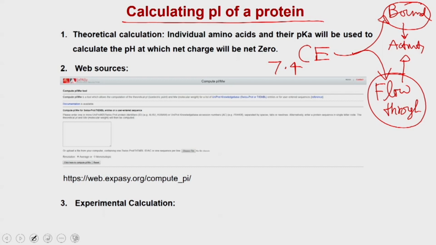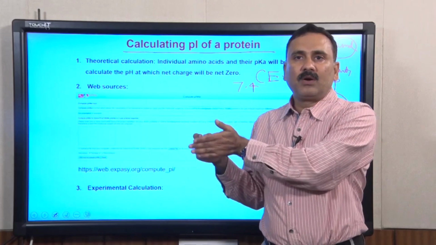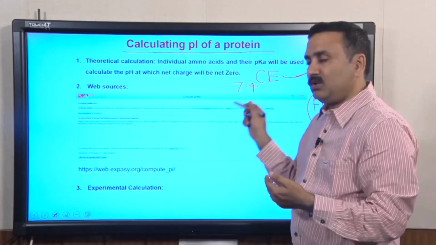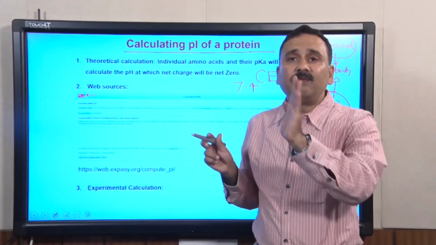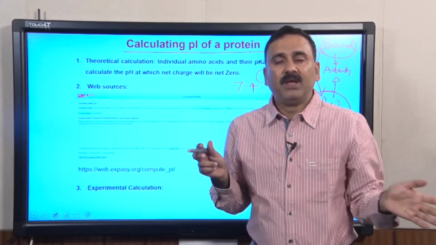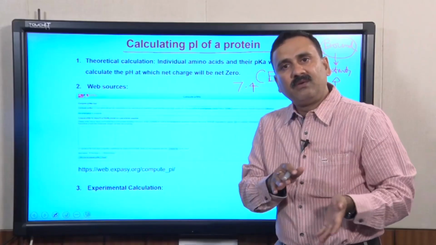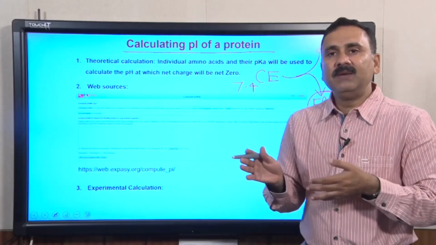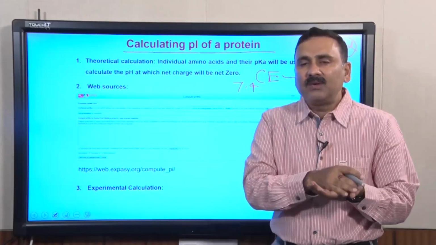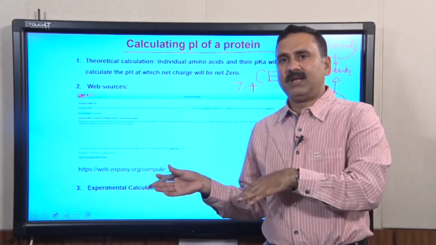Suppose they found the protein in the bound fraction; then they will realize that the protein has a pI value closer to 8 or 9, because, if you remember, for cation exchange chromatography you have to go lower than the pI value. But suppose they found the protein in the flow-through, which means at 7.4 the protein is not binding to the cation exchange matrix. Then at 7.4 itself they will try anion exchange chromatography, and in that process the protein will bind to the anion exchange matrix.